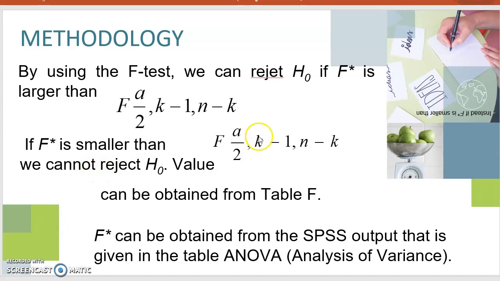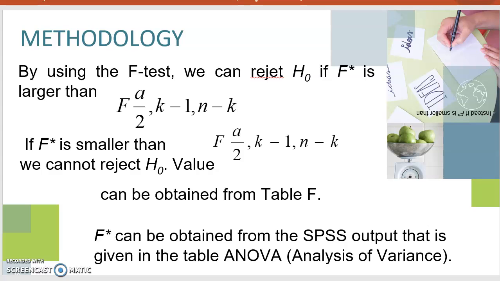So if the F star is larger than this formula here, meaning that we can reject the H null, or otherwise we cannot reject the H null if the F star is smaller than this value.